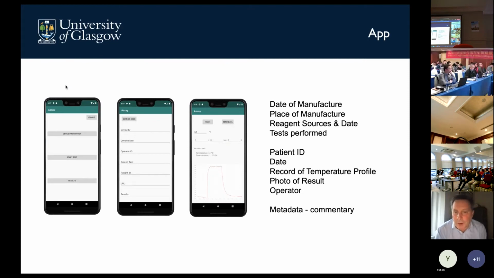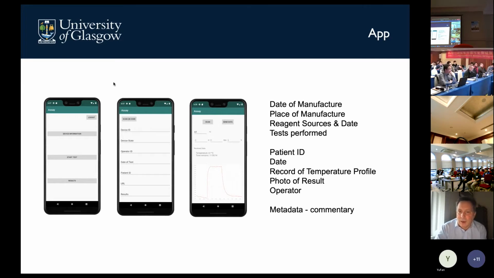As we've got the mobile phone, which we're using for the battery pack, we also have an app in there, which is used as the human interface. We're able to enter quite a lot of information in there on where the device was manufactured and what reagents are being used, and those are all embedded within a QR code, which is on the test.